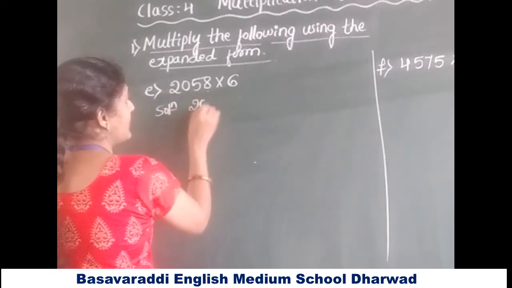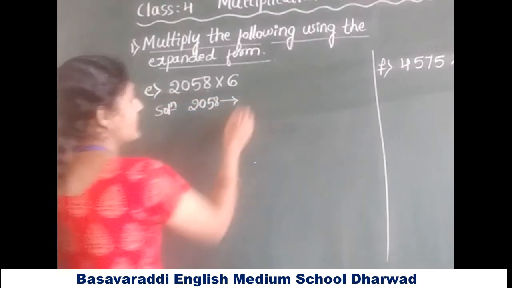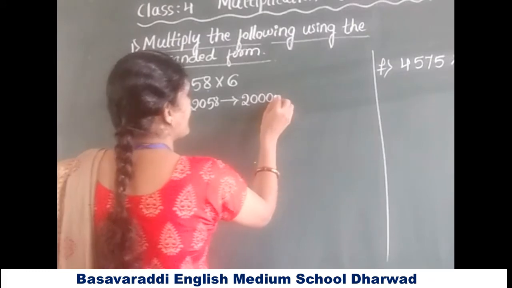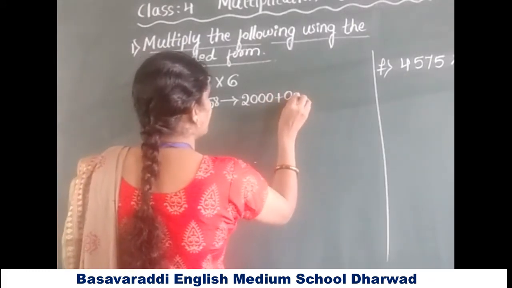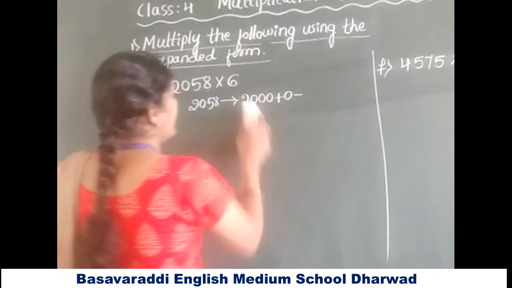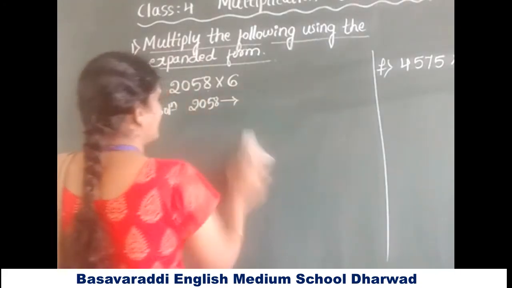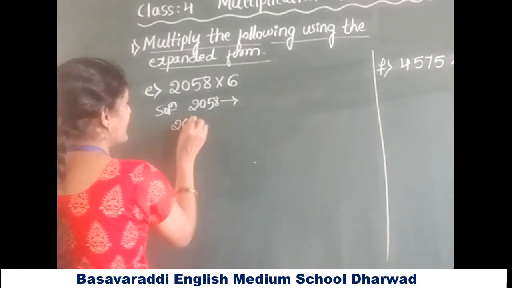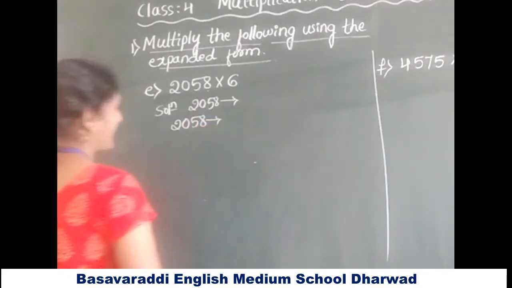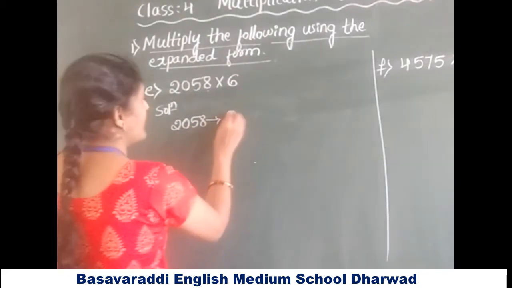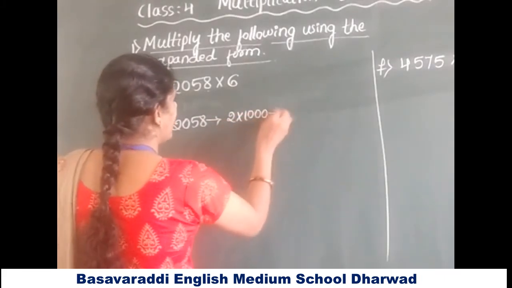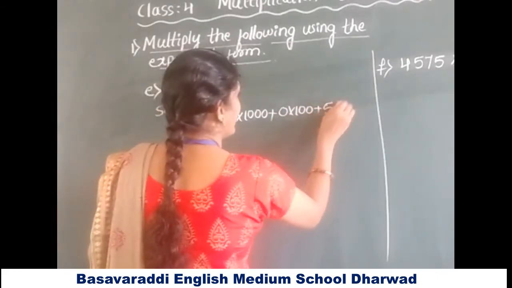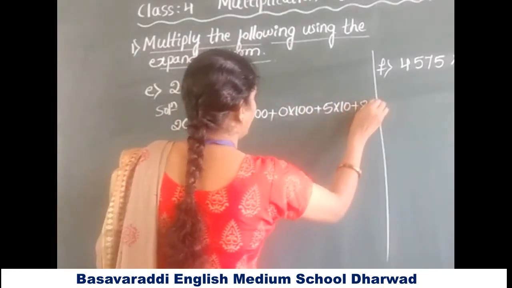2058. That means 2000 plus 0 plus 50 plus 8. Next we have to do one more step there, that is 2 into 1000 plus 0 into 100 plus 5 into 10 plus 8 into 1.